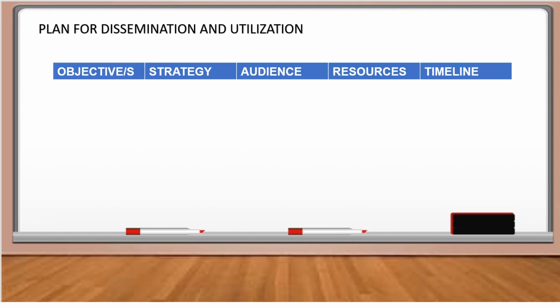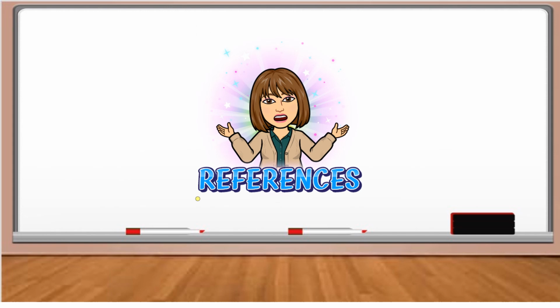For the plan for dissemination and utilization, you can use this template or you can improve this template. Objective or objectives, strategy, audience, resources, and timeline. For your references, use the APA 7th edition style.